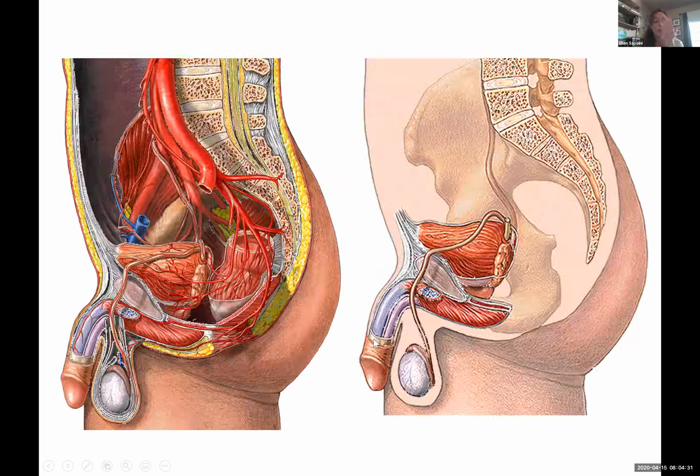We have here a side view of the male reproductive system, kind of a cartoon version of it. And we can see one with more of the musculature and other elements, and then the one on the right is a little bit more paired off. But I wanted to point out again the ureters being put in the wrong location. So I'm going to circle this here.